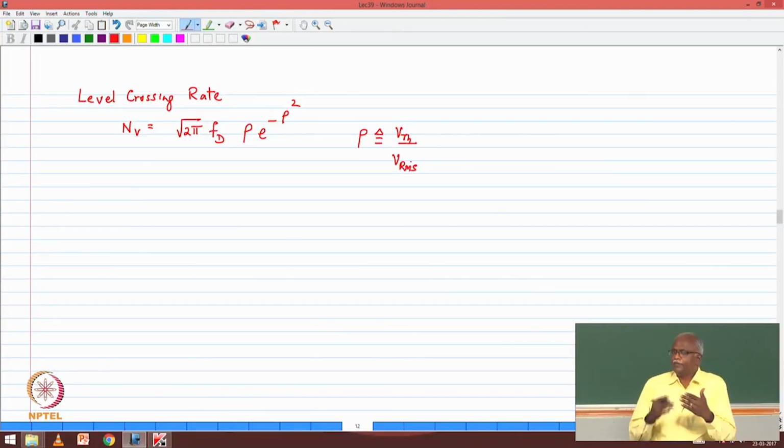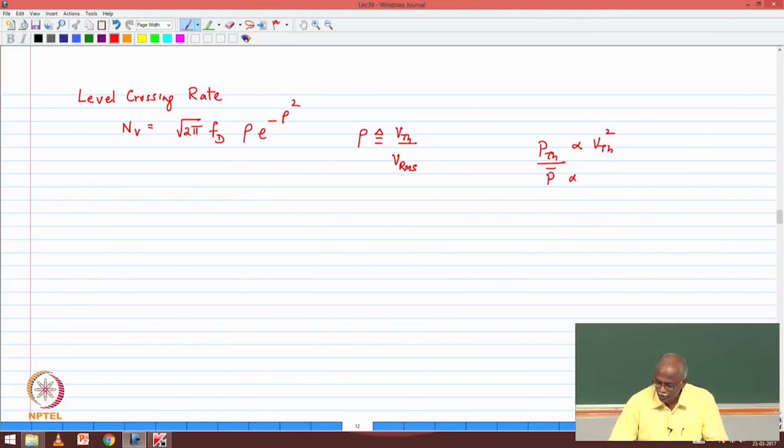Now, very often when we talk about fading, we may not write down the thresholds in terms of the amplitude, but in terms of a threshold power level with respect to the average power level. The threshold power level is proportional to V_TH squared, and the average power is proportional to V_RMS squared.